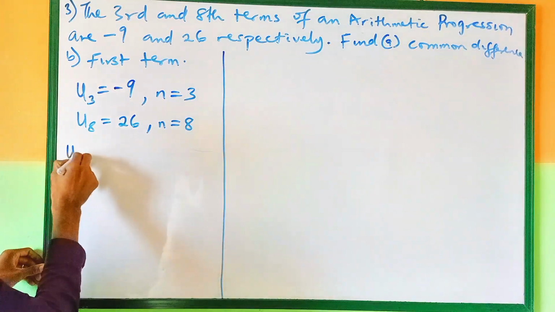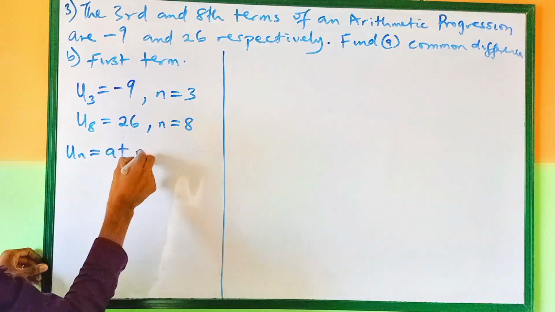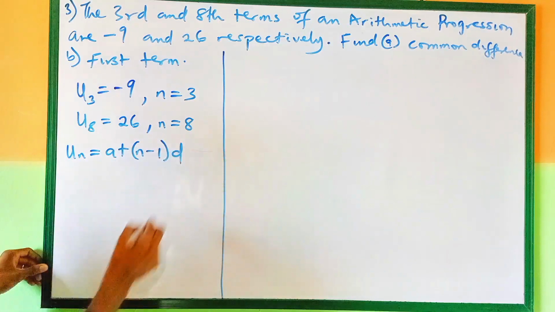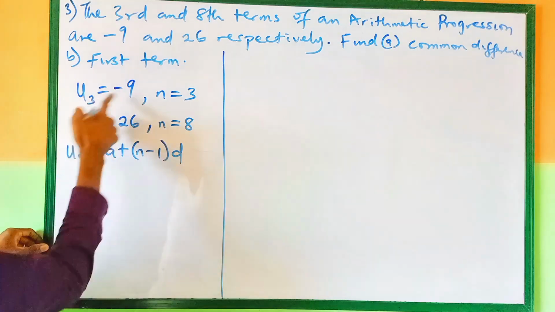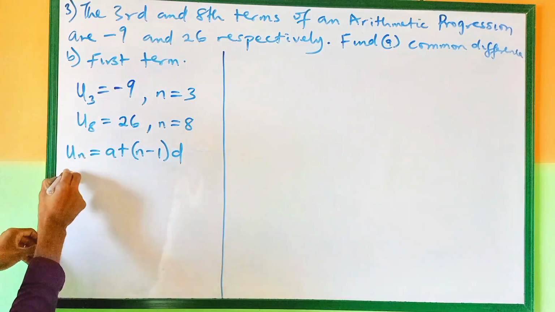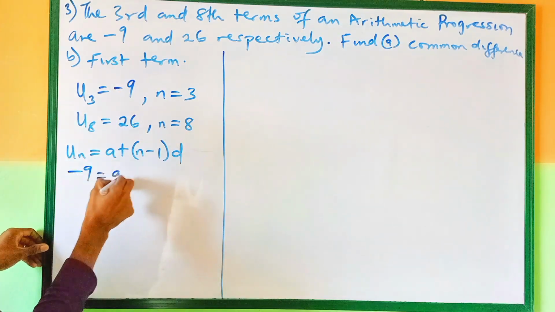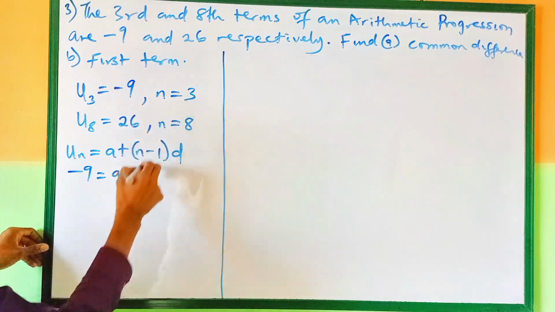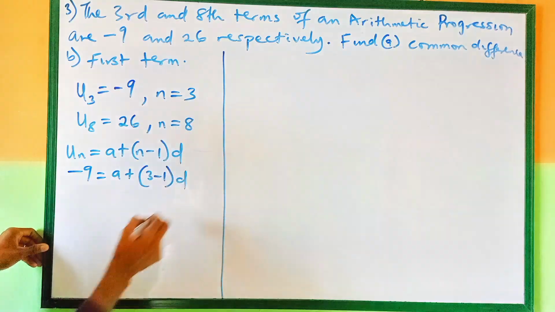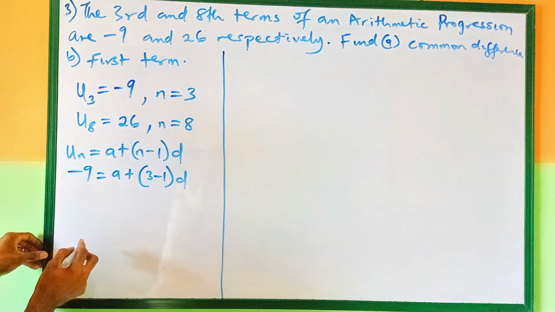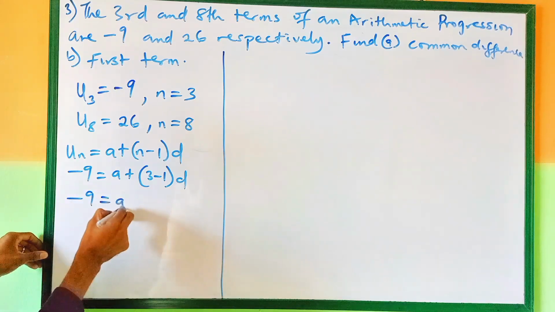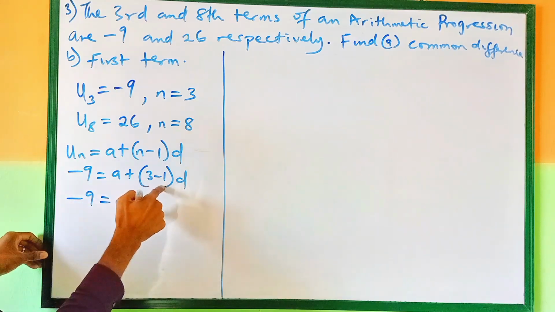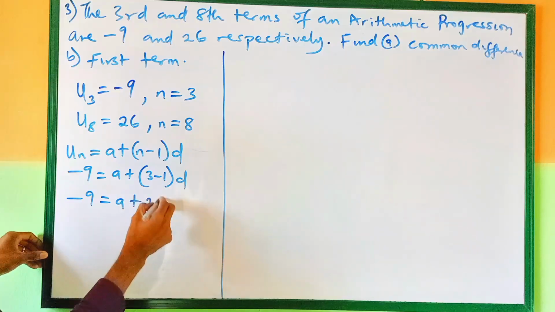The formula says UN equals A plus (N minus 1) times D. So U3 is minus 9. Okay, so minus 9 equals A plus (N is 3, minus 1) times D. That will be: minus 9 equals A plus 3 minus 1, which is 2, times D, 2D.